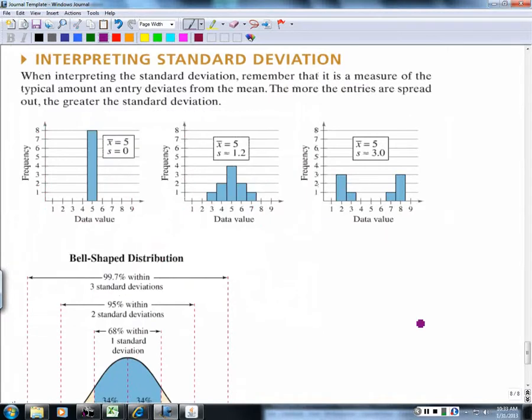First things first, standard deviation is a measure of the typical behavior of a data value.